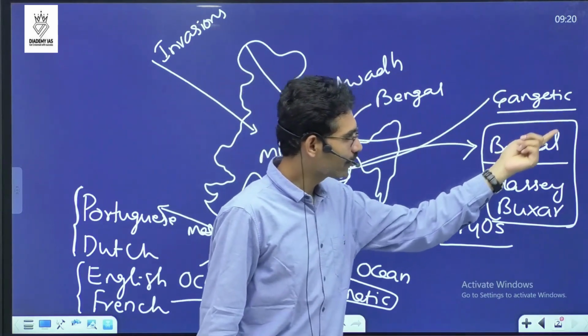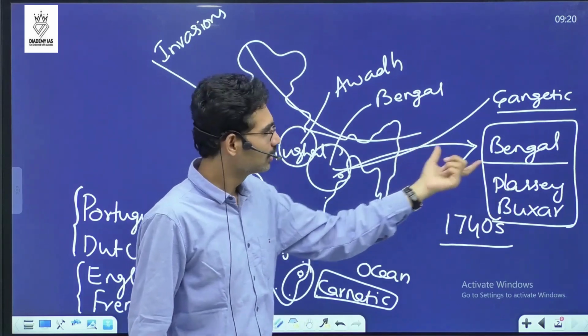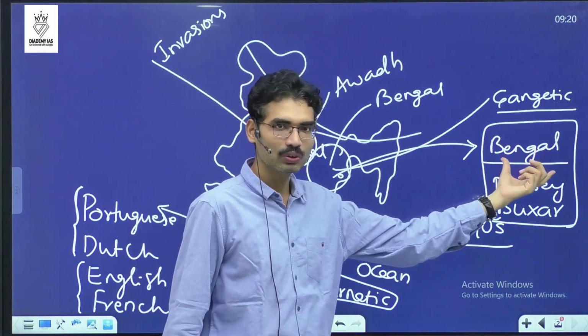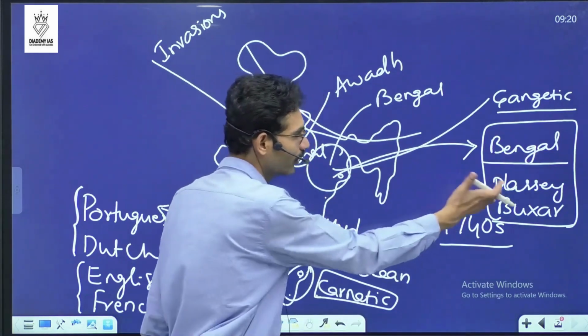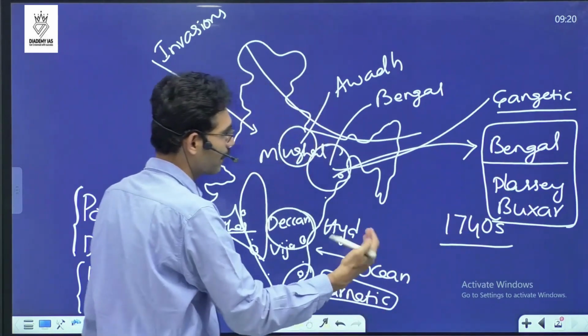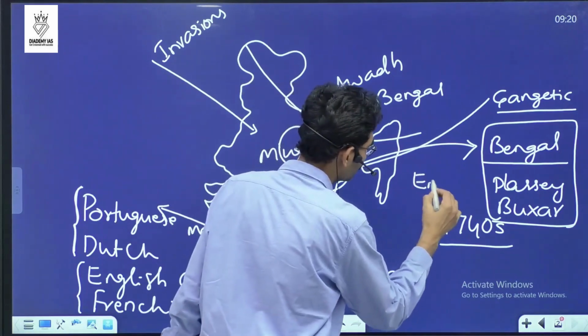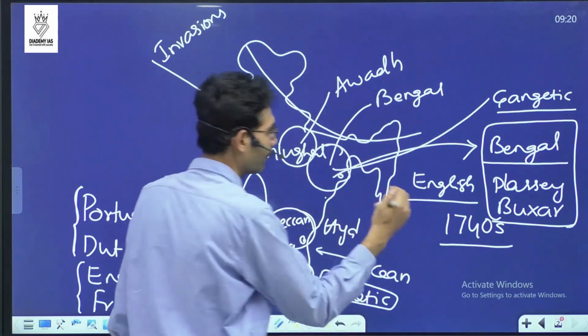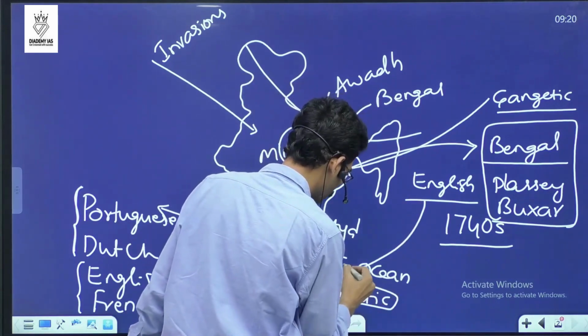Now, this Gangetic Valley became the milk cow, the Kamadhenu, for the British. From that time onwards, the English started exploiting Bengal.